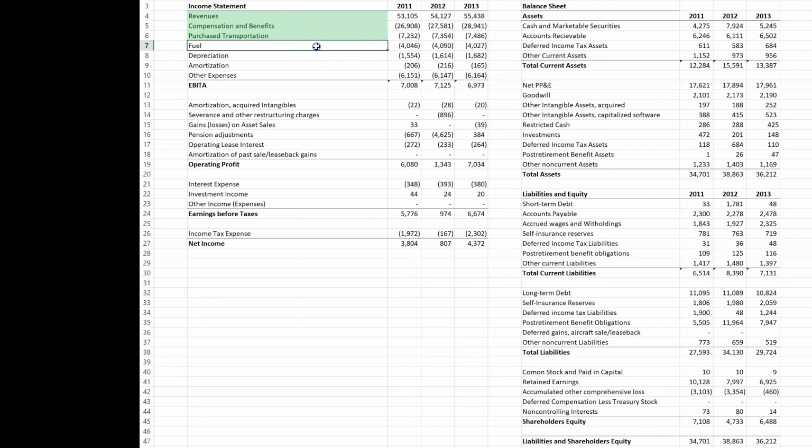Right? Fuel. Now, of course, fuel is something that's probably relatively unique to a company like UPS. You can imagine if we were, say, looking at the financial statements of a company like Hasbro, the toy maker, or Electronic Arts, the video game maker, that neither purchase transportation or fuel is going to be on their income statement.